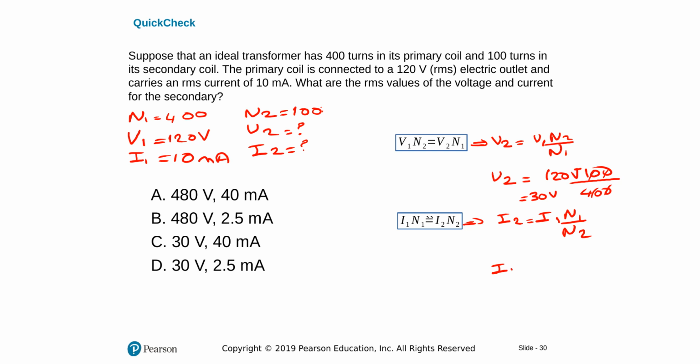And I2 here, I1 is, I'm going to leave it as milliampere because there is only one unit here, so it's safe to keep the same unit. N1 this time is 400, and N2 is 100. So in this case, I'm going to find I2 to be 40 milliampere. So this is my answer.